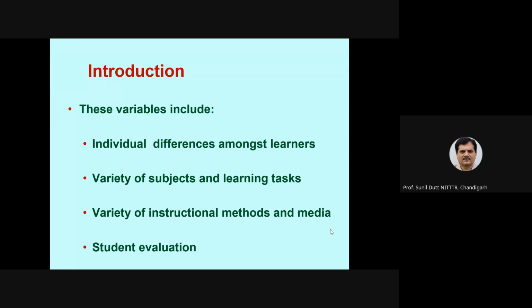Some students learn best when they are involved, when they are participating in the teaching learning process. So as a teacher, you need to consider the needs of different individuals while providing learning experiences to the students. And there is a variety of subjects and learning tasks.